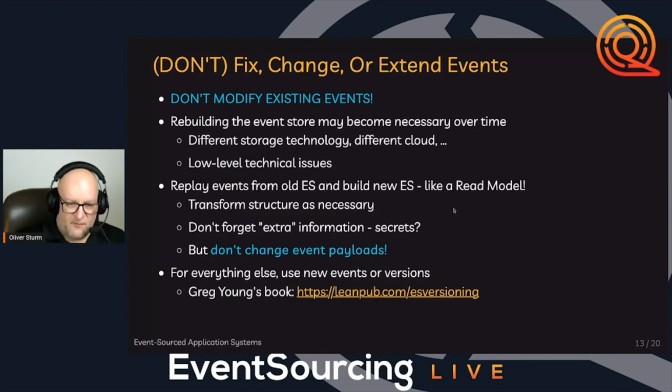And another thing that's important to remember whenever you recreate your read model is that if you have any extra information that is relevant to the command processing and event store process, it is important to replicate this at this point as well. I mentioned secrets here as an example. This is something from experience in our own framework.